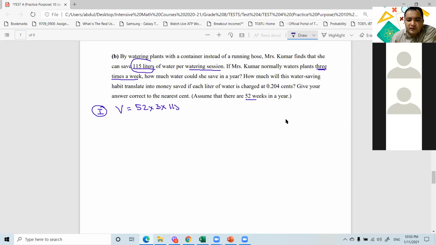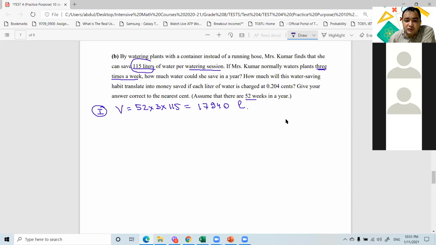That is equal to 52 times 3 times 115. That's equal to 17,940 liters of water.